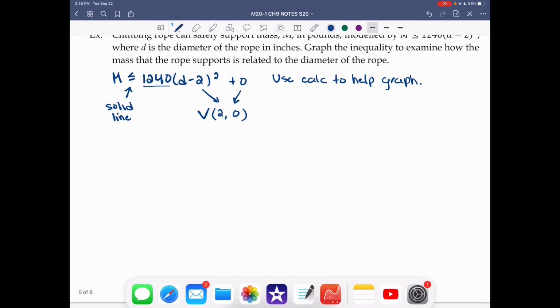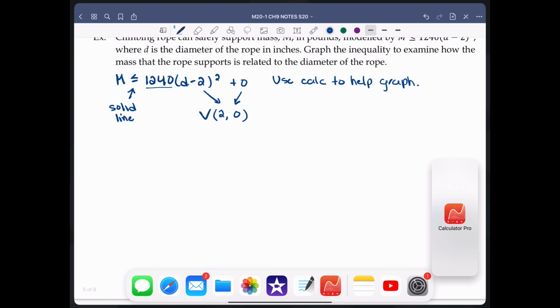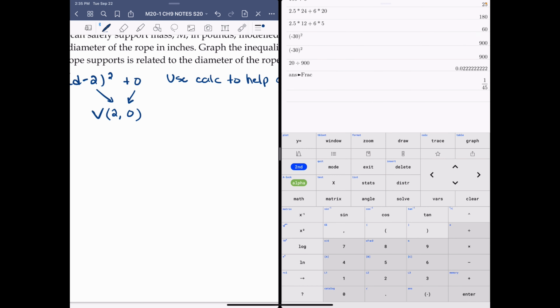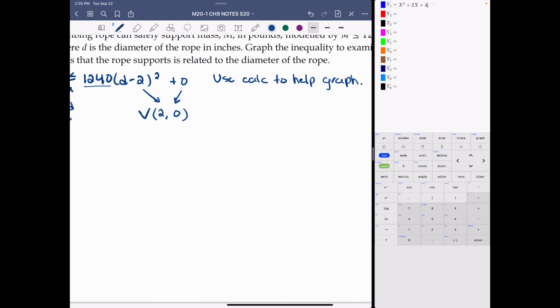Let's do that. Y equals, clear what's in there, enter the equation y equals 1240 bracket x minus 2 close bracket squared. Graph that.